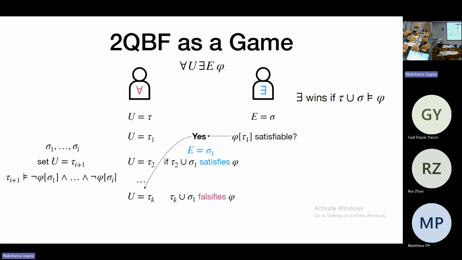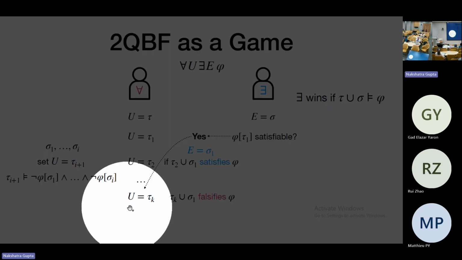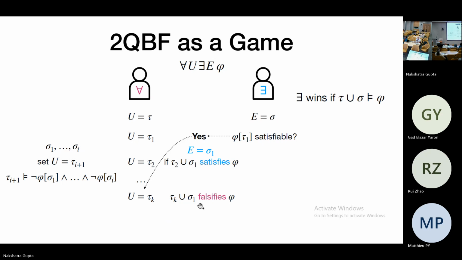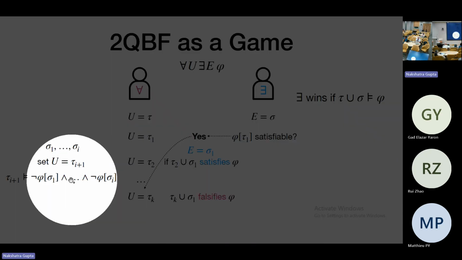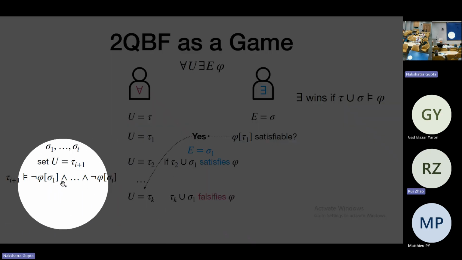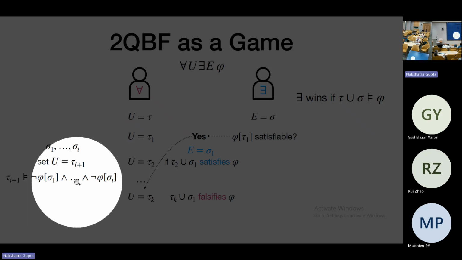What we want to generate for the universal player is a new move that works against everything that the universal player has thrown at them previously. And by maintaining this formula here, we're making sure that this is always the case for our I+1th move.